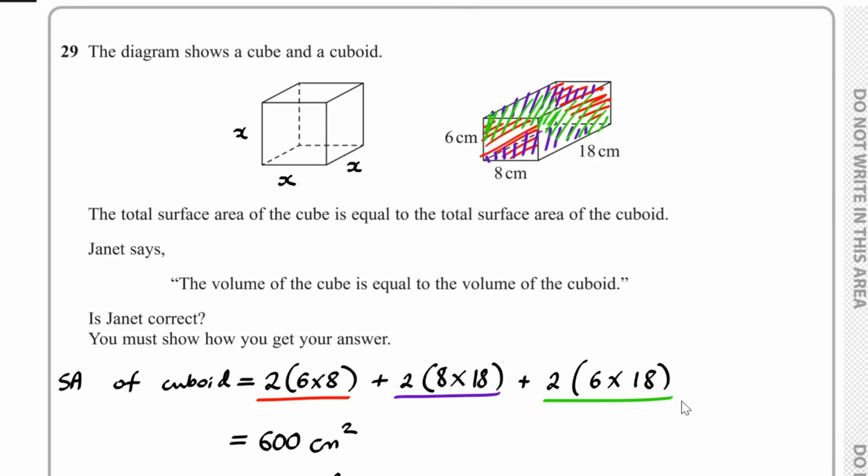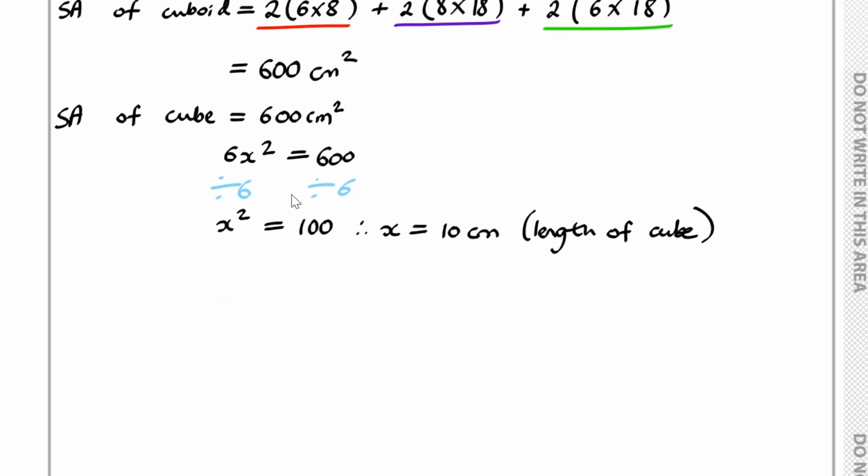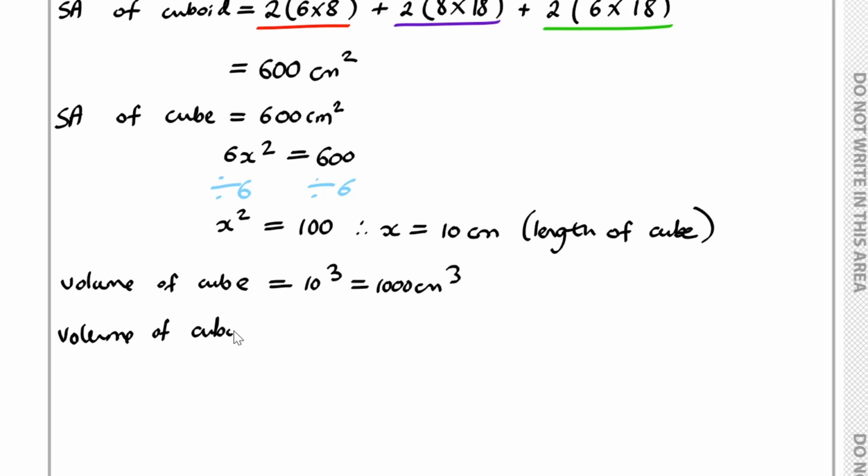Okay, so in other words, we have 10 centimeters by 10 centimeters by 10 centimeters, and therefore the volume of the cube is equal to 10 cubed, which is 1000 centimeters cubed, and the volume of the cuboid is equal to 6 times 8 times 18.